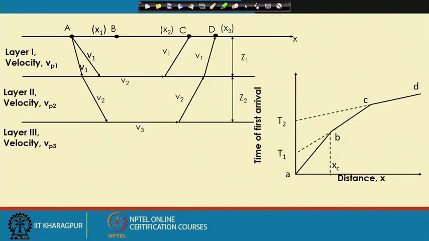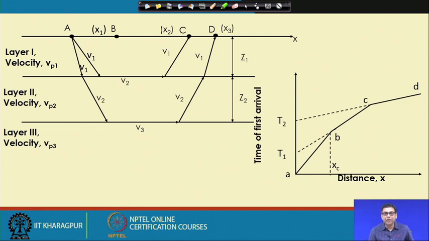So the receiver will indicate the first arrival time of the wave. That is the advantage: here we are not measuring two different waves, one direct and one reflected, but the first wave arrival time, whether it is direct, reflected or refracted.